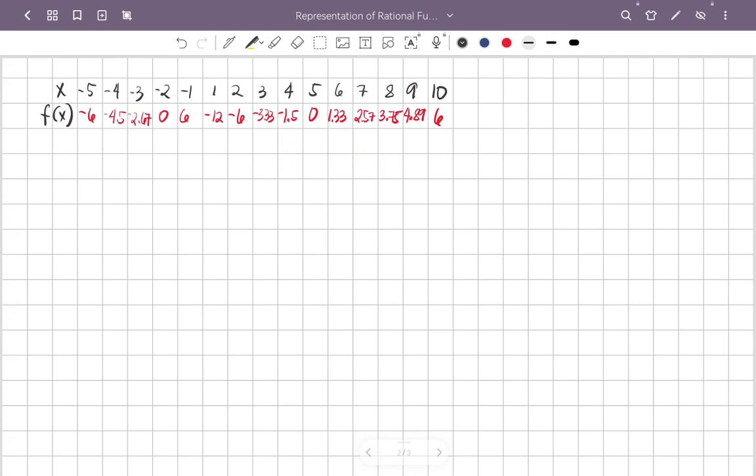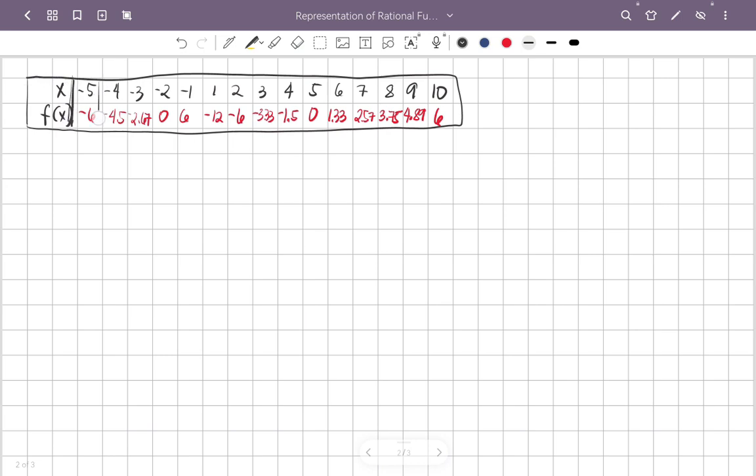Okay, now let's plot. This is our table of values. I just transferred it here para mas klaro. Okay, this is our table of values.